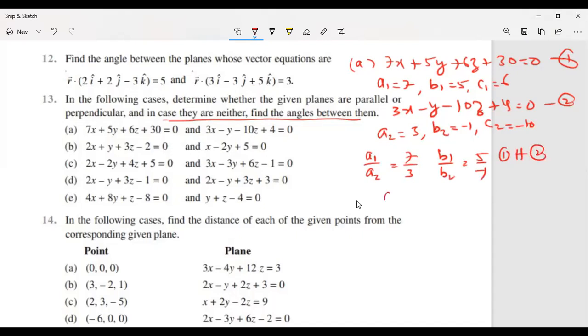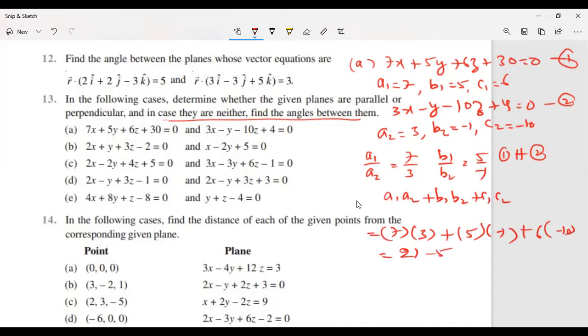Now check for perpendicularity, that is a1 a2 plus b1 b2 plus c1 c2. So a1 a2 is 7 into 3 plus 5 into -1 plus 6 into -10. 7 times 3 is 21 minus 5 minus 60.